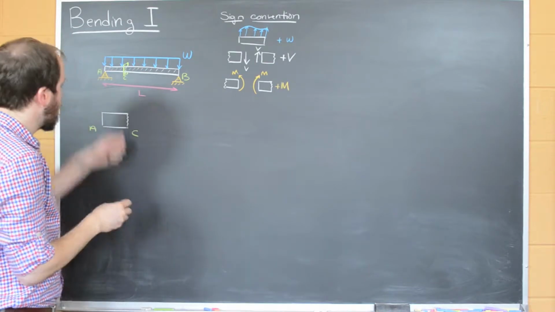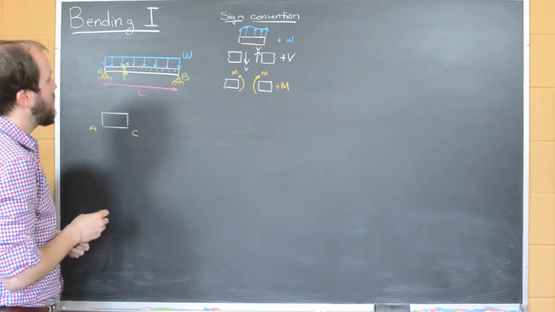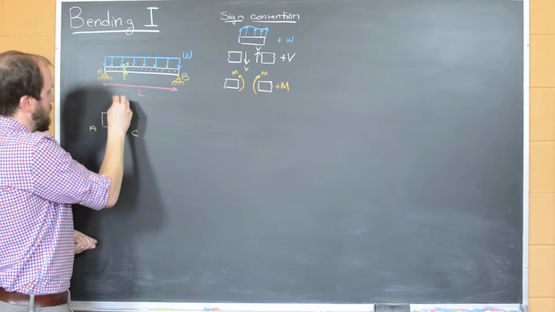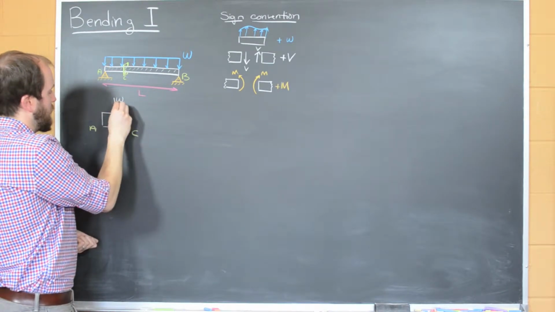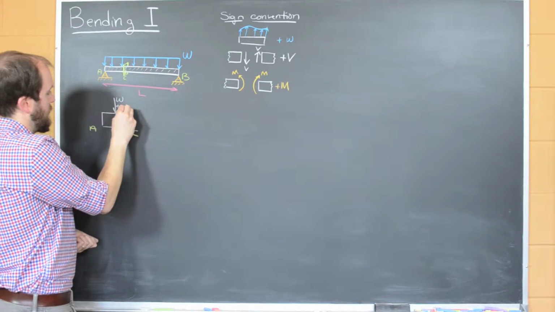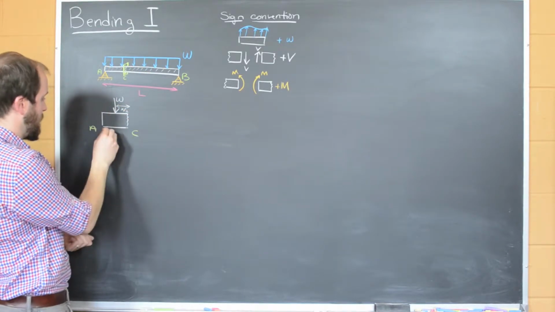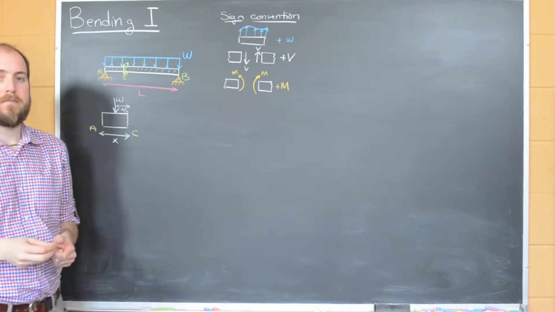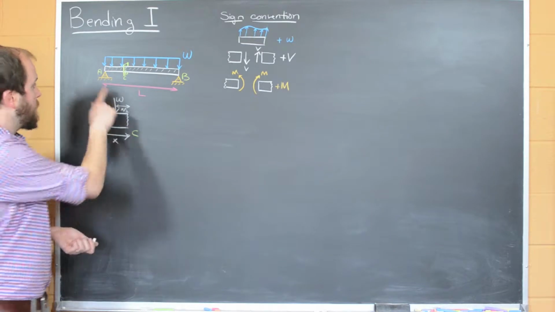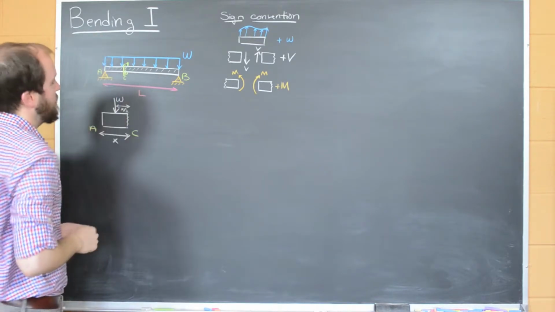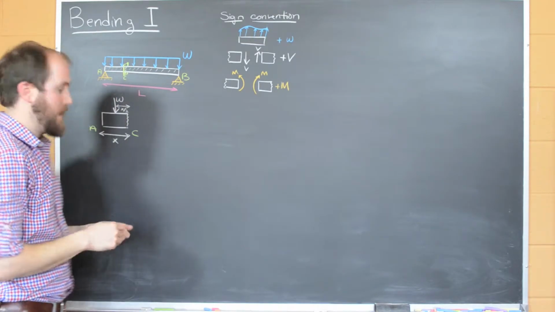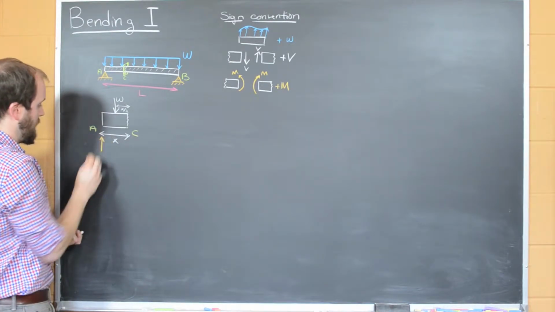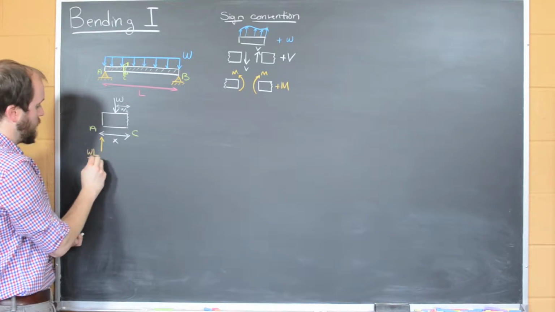In this case, we can re-describe our uniformly distributed load as a point load, W x, that's occurring at a distance x over 2, if we call the distance that we're looking at x. We have a force pushing up at the boundary, which we can write as WL over 2.